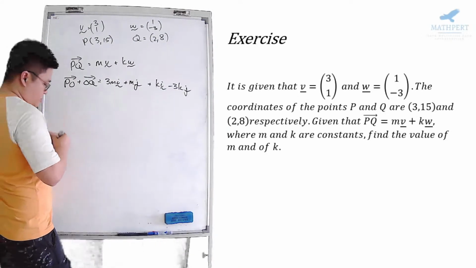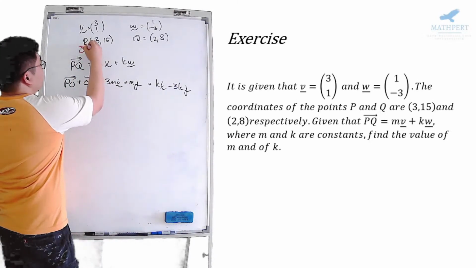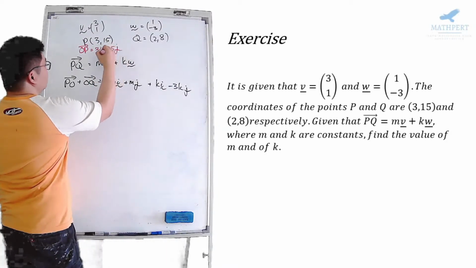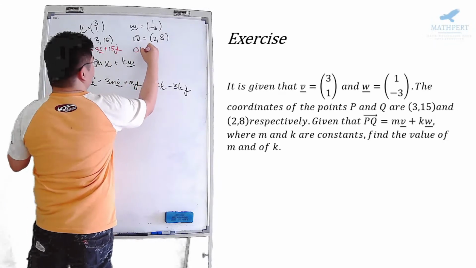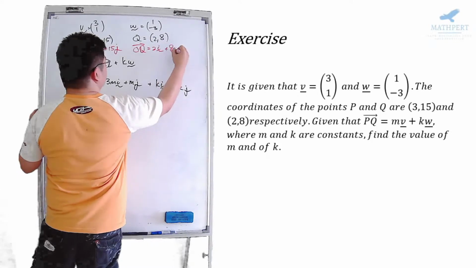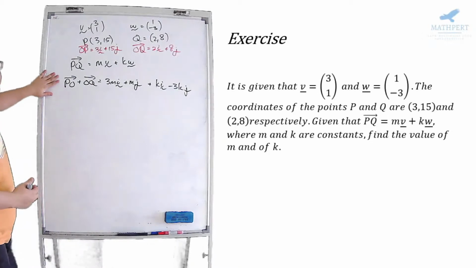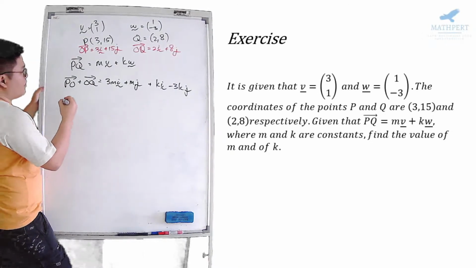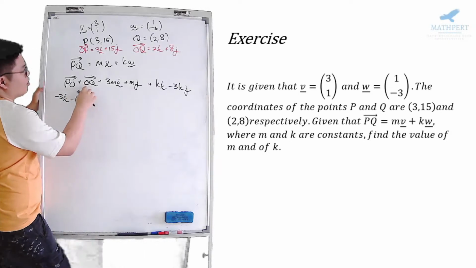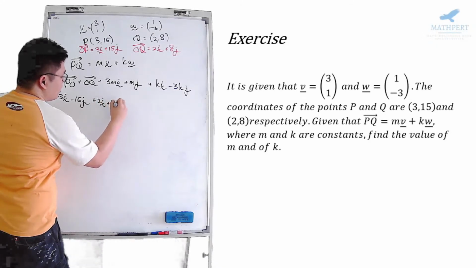Alright, so PO is, okay, this is OP. Okay, let me draw this out. Let me write it out. OP is equal to 3i plus 15j. OQ is equal to 2i plus 8j. So this is PO. We need PO, which is negative OP. So negative OP will be negative 3i, negative 15j. OQ will be plus 2i plus 8j.